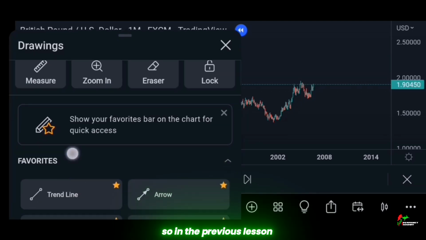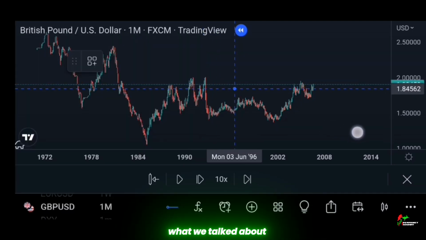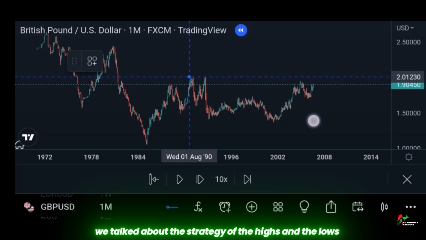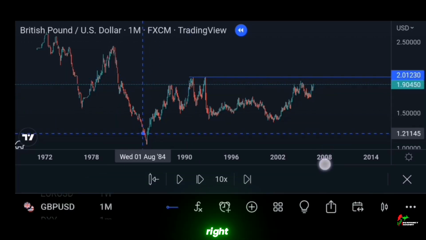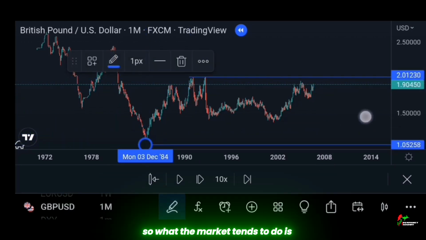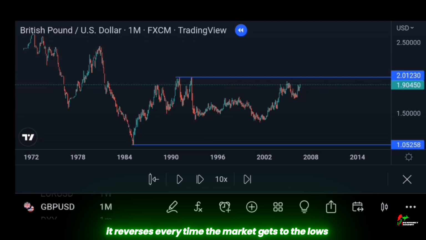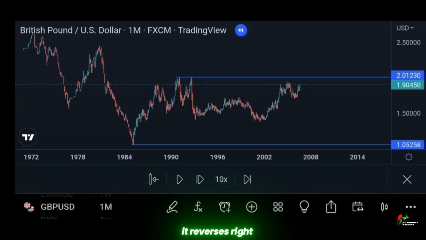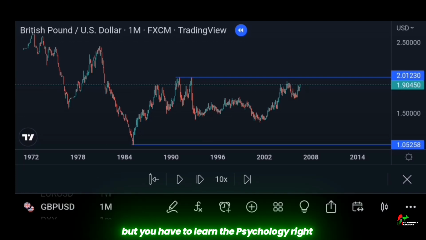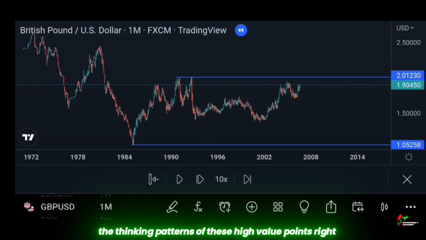In the previous lesson, we talked about the strategy of the highs and the lows. What the market tends to do is follow the physiology of the market. Every time the market gets to the highs, it reverses. Every time the market gets to the lows, it reverses, right? But you have to learn the physiology, the thinking patterns of these high value points.